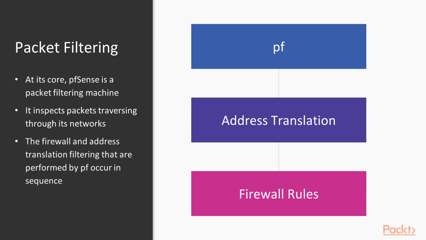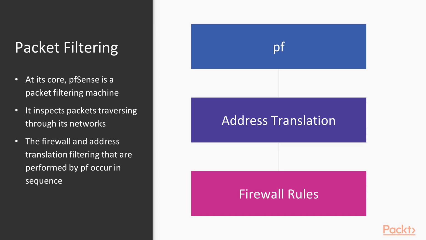The firewall and address translation filtering that are performed by pf occur in a sequence, and it's important to understand how that sequence will be processed when you create the rules for various situations on your pfSense network.